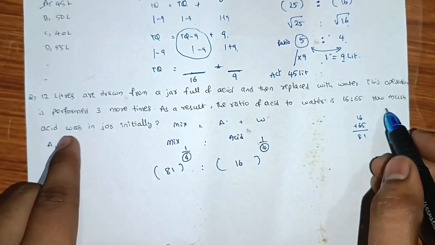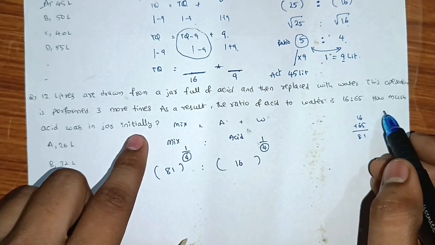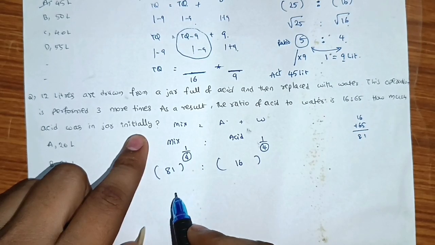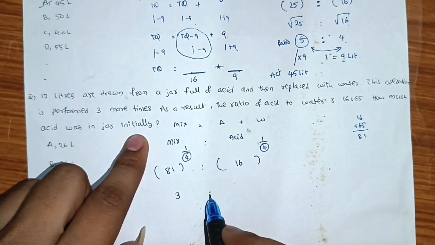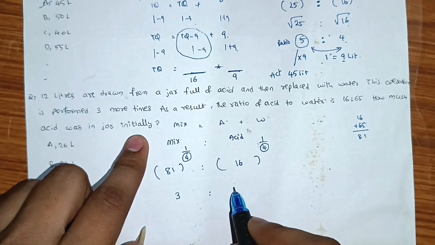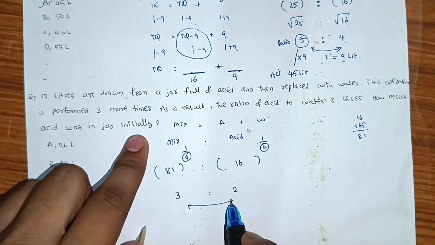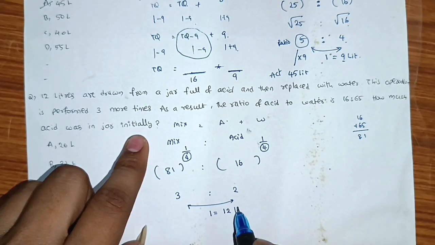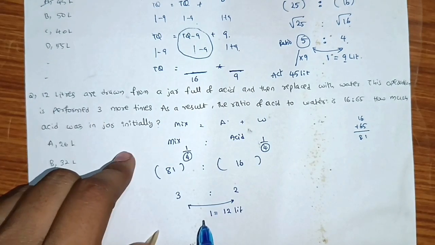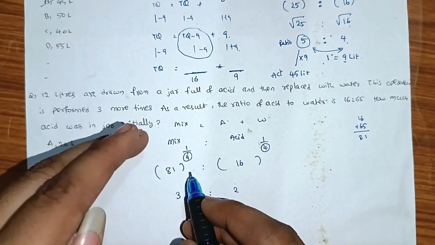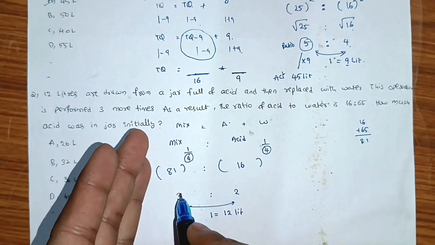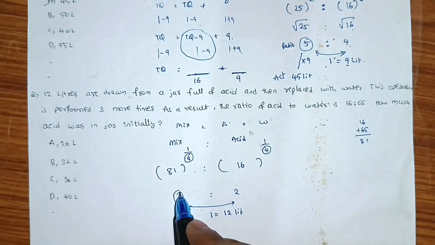How much acid was in the jar initially? 81 power 1 by 4 is nothing but 3. Again 16 power 1 by 4 is nothing but 2. So the difference of this is 1, which is made by replacing 12 liters. You need to check here. The jar containing the mixture is in the ratio 3.